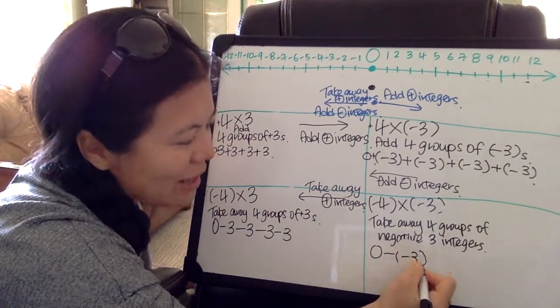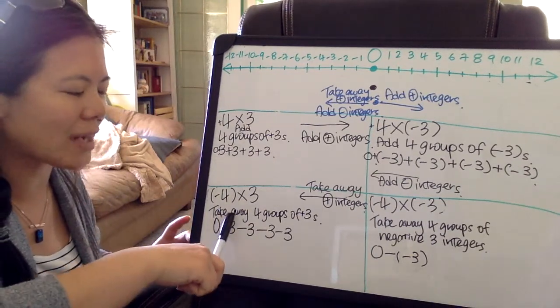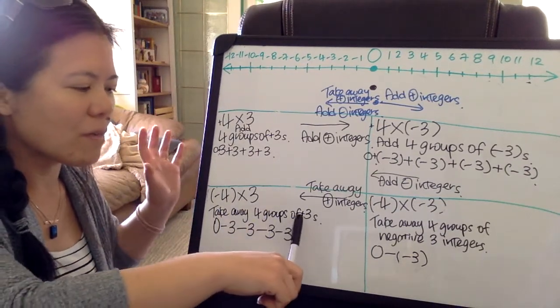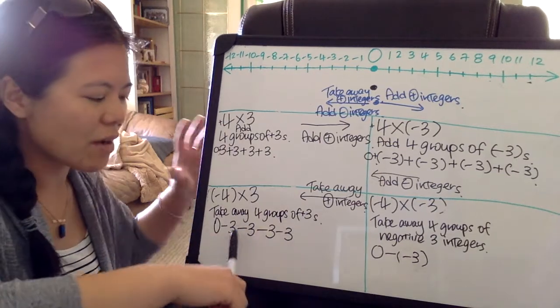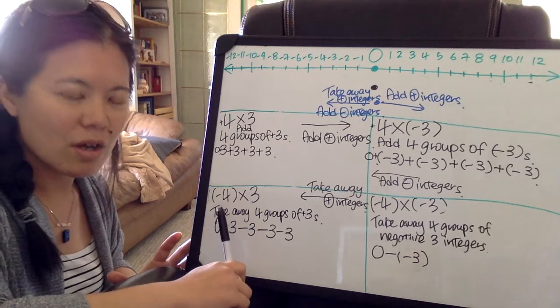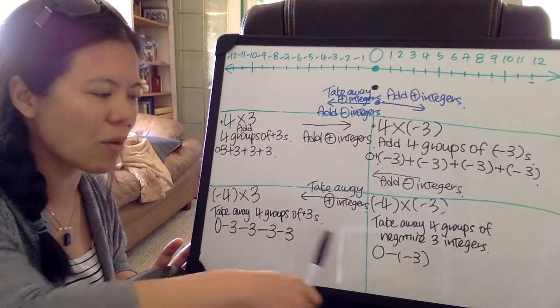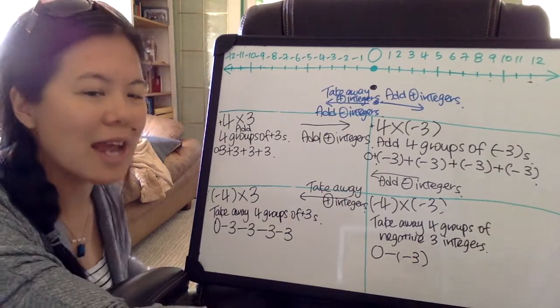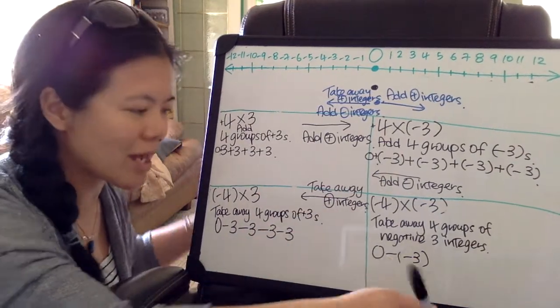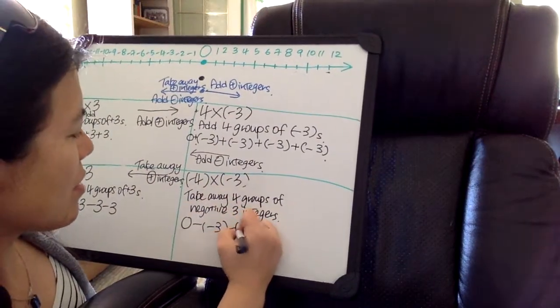negative 3, and you do that 4 times, right? Because when you're taking away positive 3 integers 4 times, like 0 minus 3, 0 minus 3, right? So if you're taking away negative 3 integers 4 times, you can turn this into subtraction.